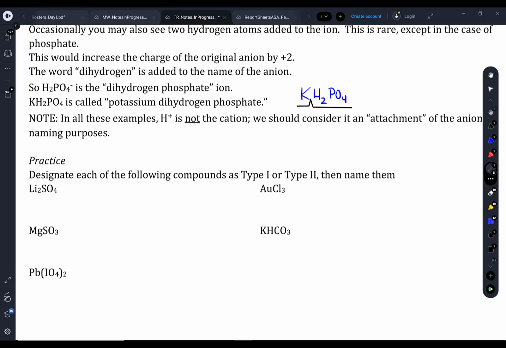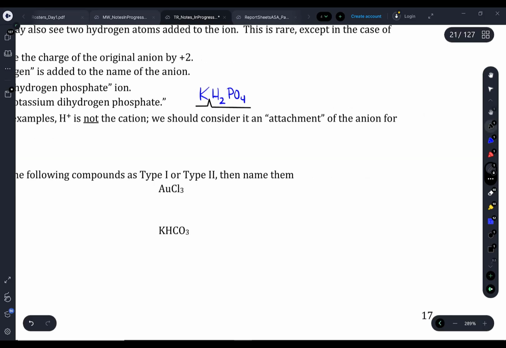Okay. So those are tricky sometimes because people want to stick the H's and say the cation is potassium dihydrogen. No. If I drew this as a Lewis structure, we would see that the Lewis structure looks something like this. You don't have to draw it.